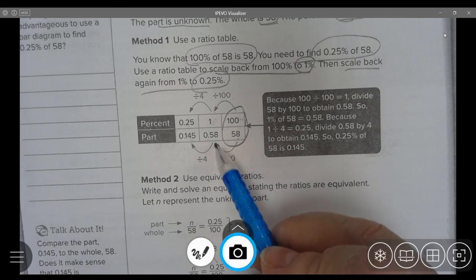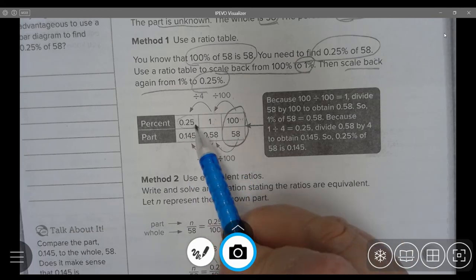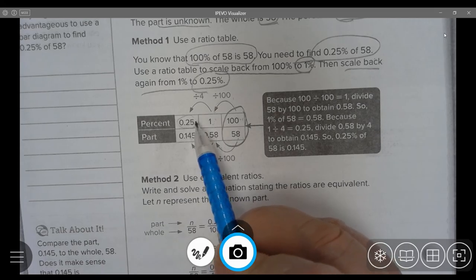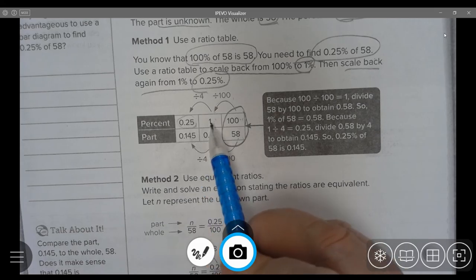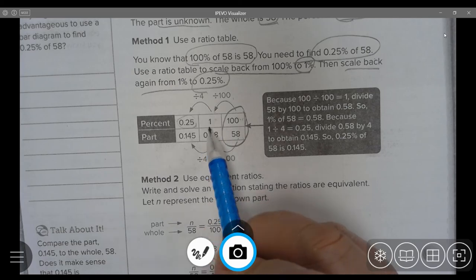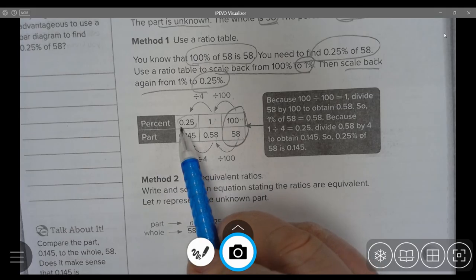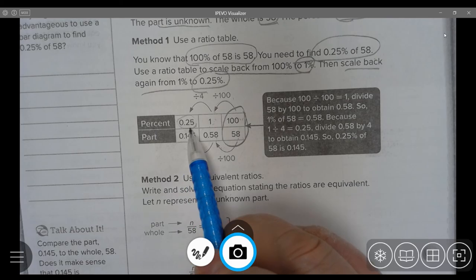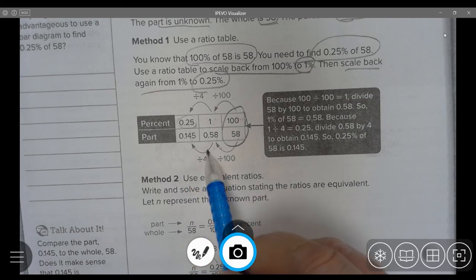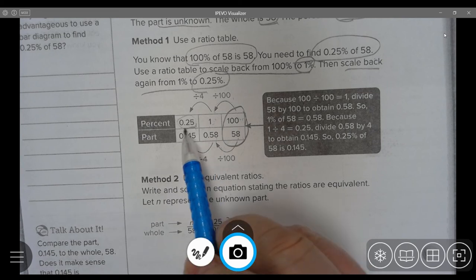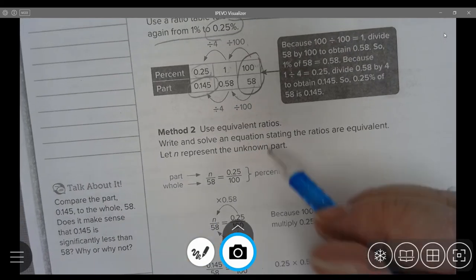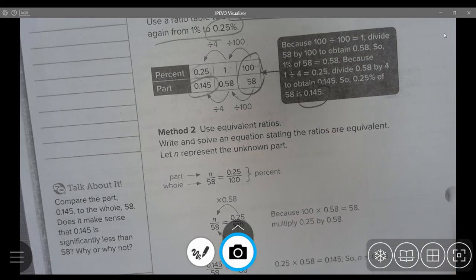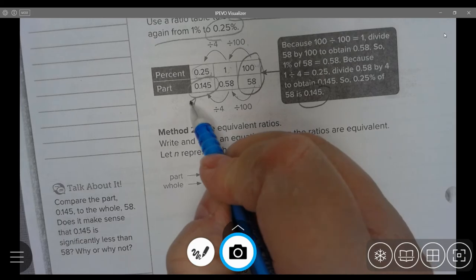So 1% equals 58 hundredths. And then we need to go to 1/4 of a percent, or 25 hundredths of a percent. So we need to scale back again and divide 1 by 4 and come up with 0.25 or 25 hundredths. We would do the same thing here. We would divide by 4 and we would come up with an answer of 145 thousandths. So 145 thousandths would be the answer.